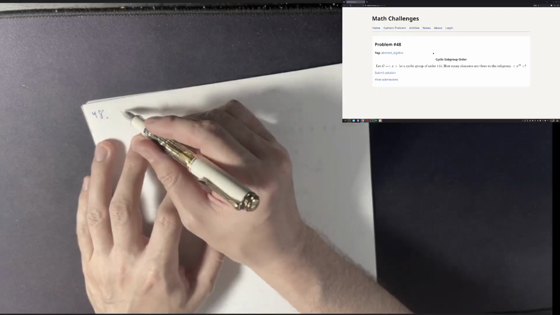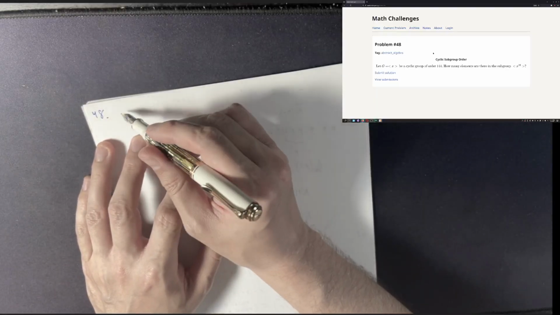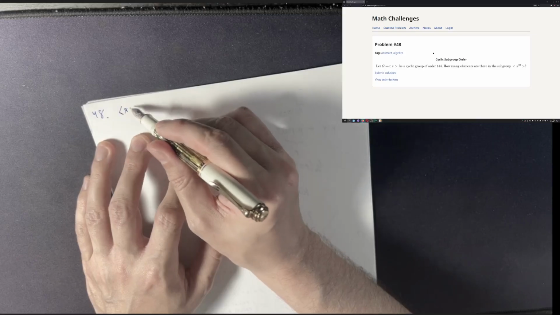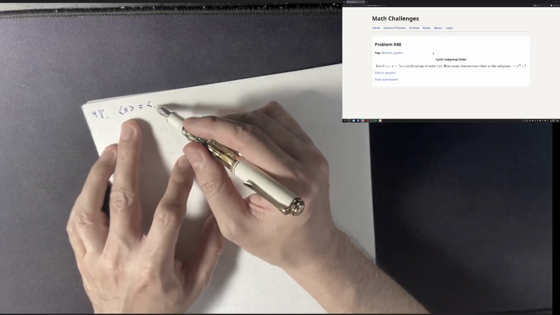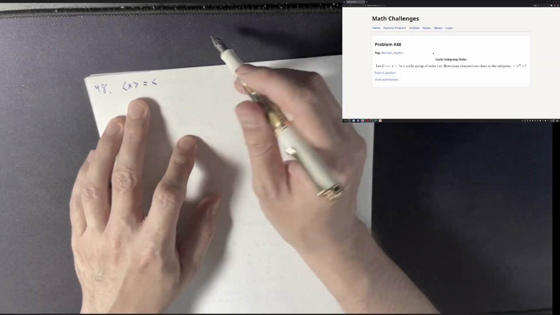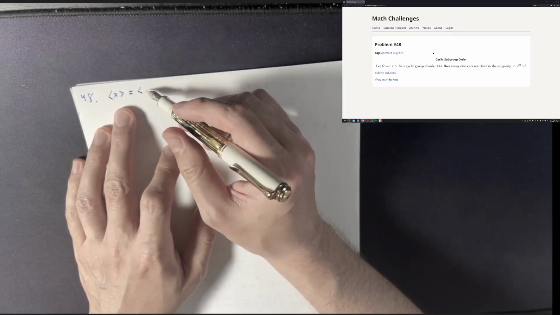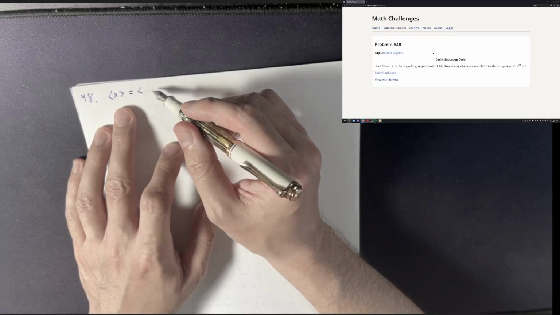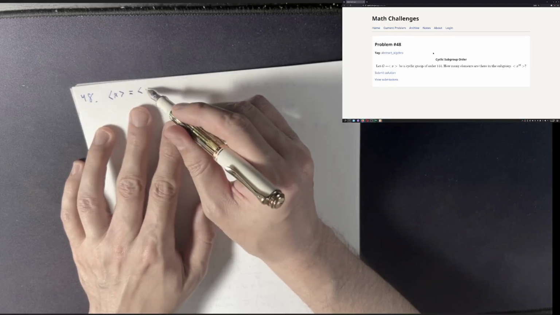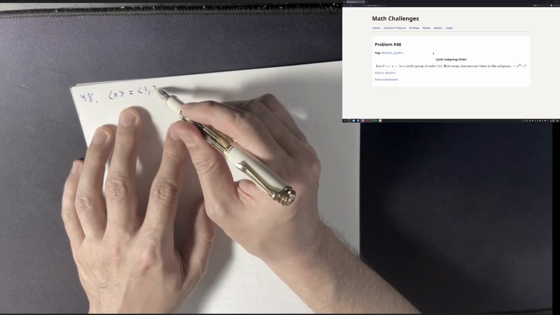So suppose G is cyclic. It's generated by this guy, which means, I guess we could start at 1 if you want. Let's start at 1.